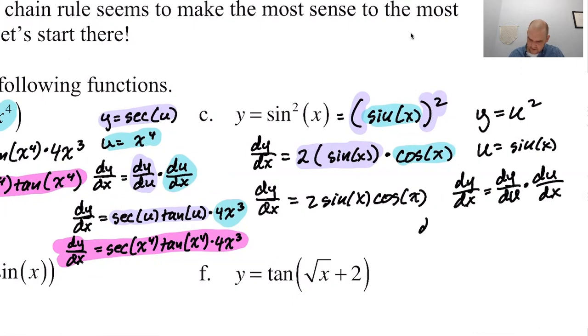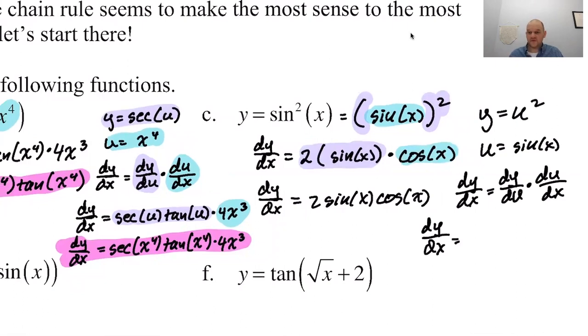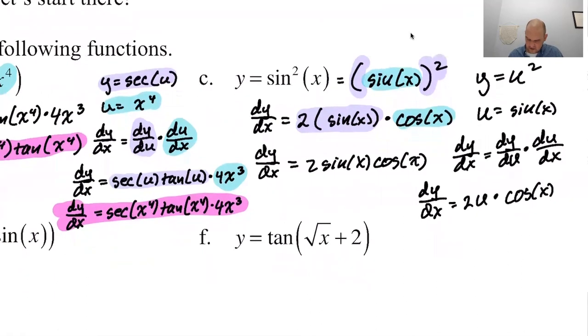All right, so dy dx will be the derivative of y with respect to u, which is 2u, times the derivative of u with respect to x, which is cosine of x. But then you don't leave your answer that way because u is equal to sine of x. So your final answer here, dy dx, is 2 sine x cosine x. So you get the same answer regardless of which way you do it.